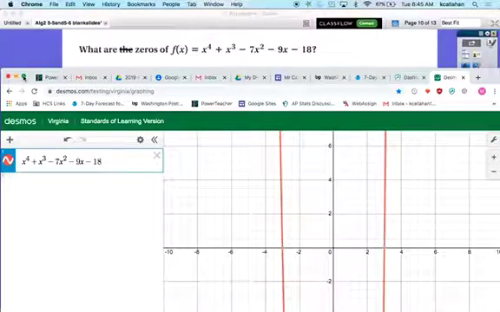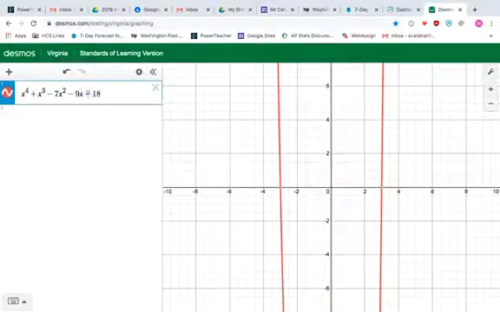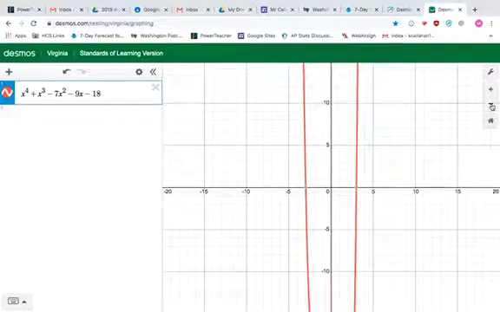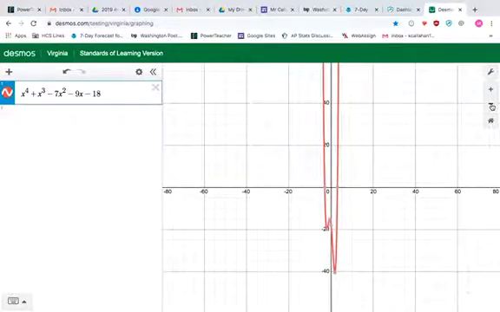So now I'm looking at this graph. I can clearly see that there's two zeros here, but I'd kind of like to see what else is going on with this graph, because I expected with a 4th degree polynomial that I could have 3 turning points. And let's see, there you go. So they were all a little bit low, but there they are, 1, 2, 3 turning points.